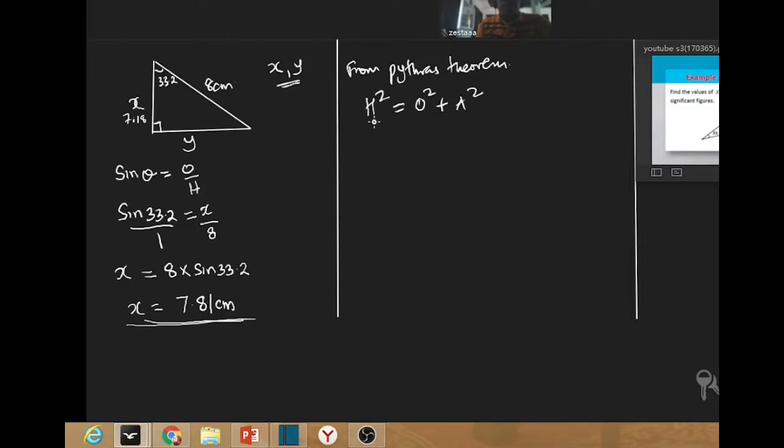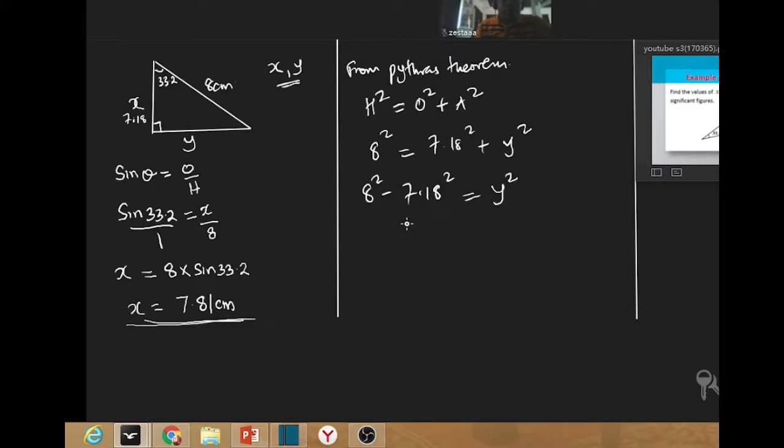So 8 squared is equal to the opposite, 7.18 squared, plus our adjacent, which we do not know, y squared. Collecting like terms, we have 8 squared minus 7.18 squared equal to y squared.